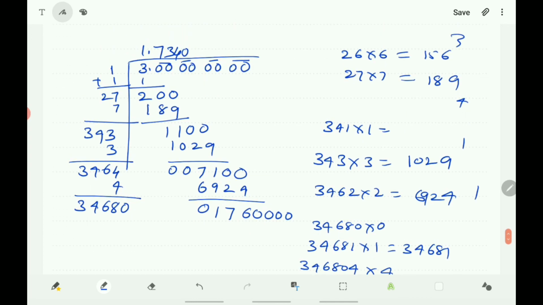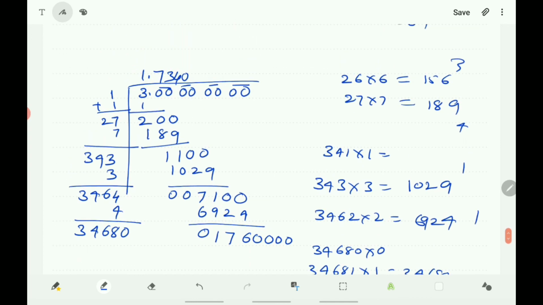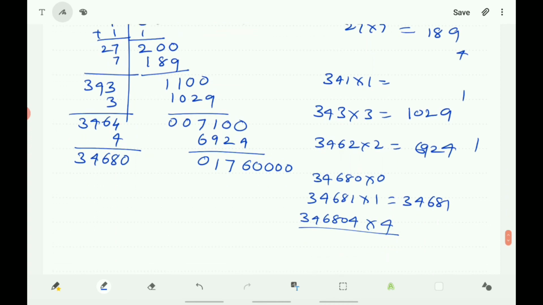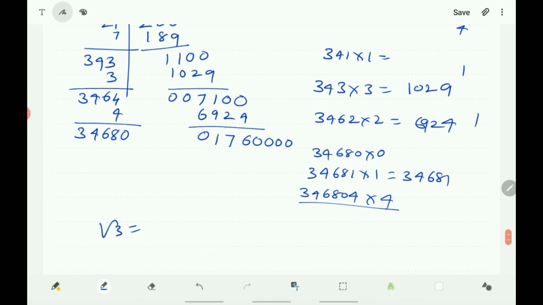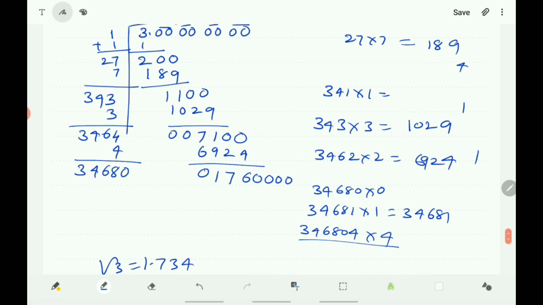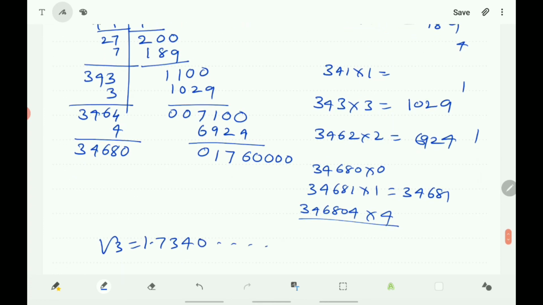But here what happens? This process continues and there is no end for this. And you can write here square root of 3 is equal to 1.7340 and so on. Here there is no end, and approximately we are taking square root of 3 is equal to 1.73.